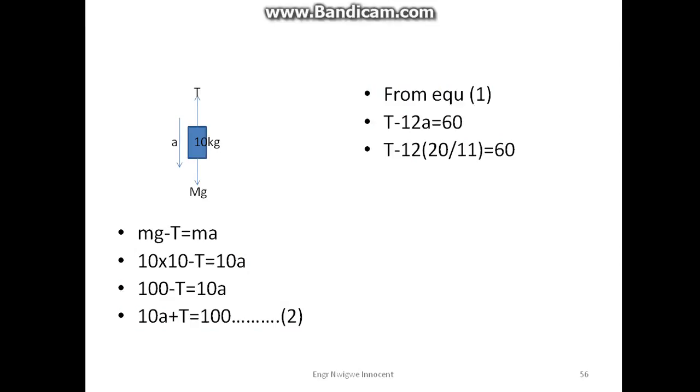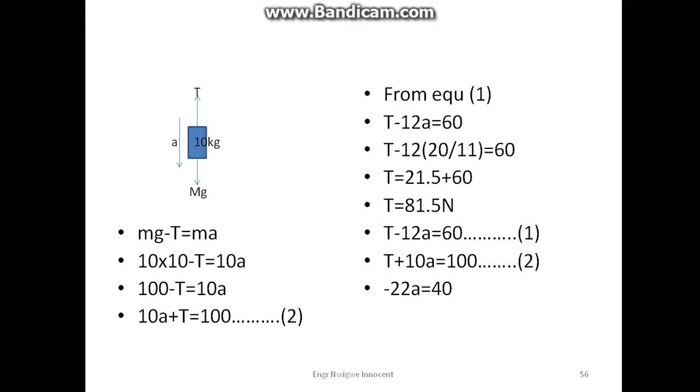Therefore, A is equal to 40 over 22, which will now give us 20 over 11. Then, substituting the value back into equation 1, I have T minus 12A is equal to 60.